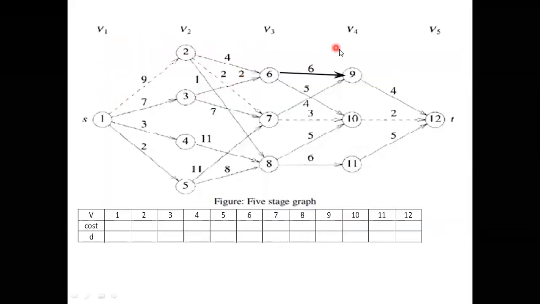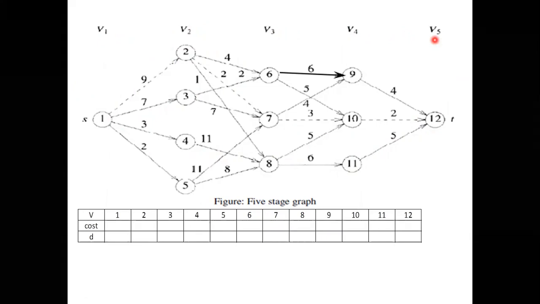See, this is the example of a multi-stage graph, right? Then now you have confusion that what is multi-stage? There are different stages, more than one stage. I will show the stages. Here you can see V1, V2, V3, V4, V5. Normally while seeing V, you may think that it is a vertex.